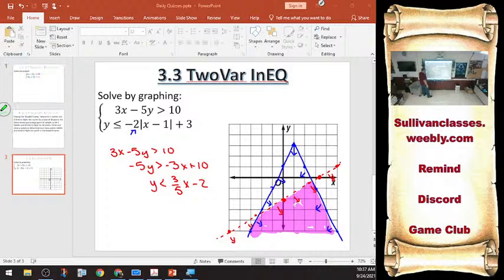So, pointage. Do we have the correct line, the correct vertex, the correct slope, the correct solid or dotted, the correct shading?